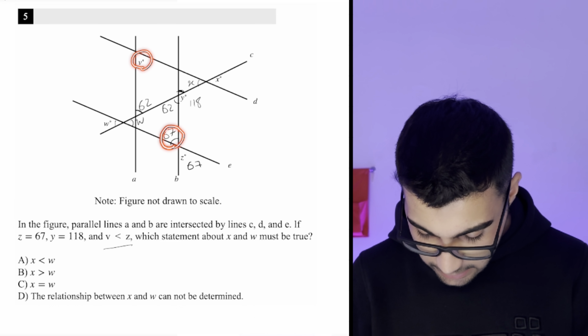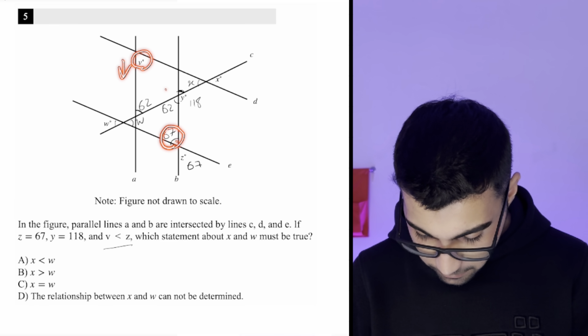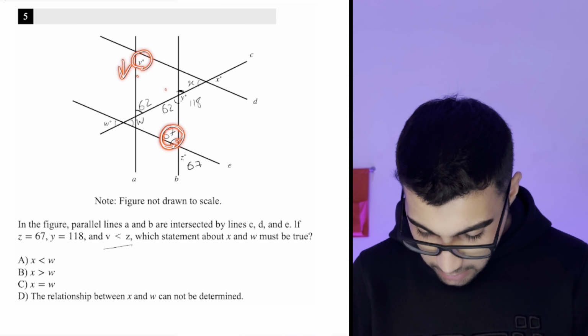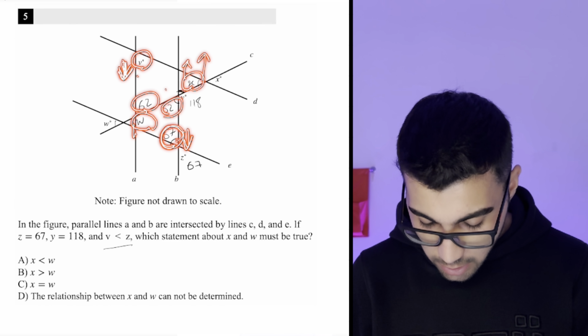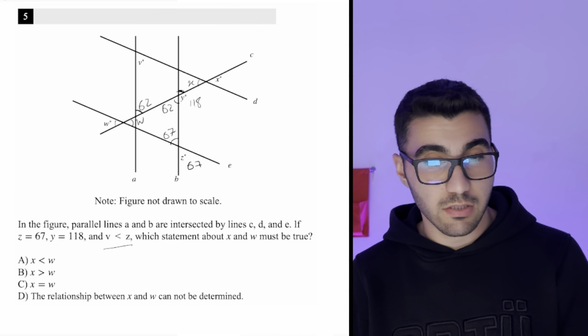V is less than Z, V is less than 67, then that means X should be larger than W, because these two angles are the same. If this angle is less than 67, then X should be larger than W, because the sum of them should be 180, right?